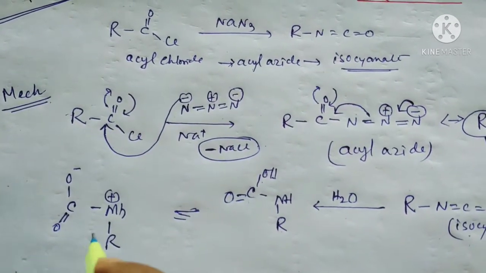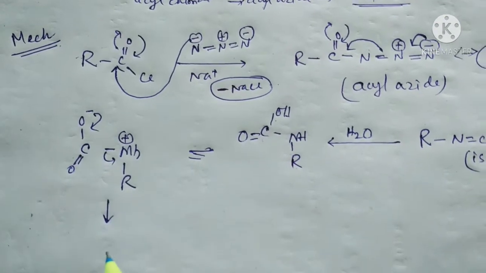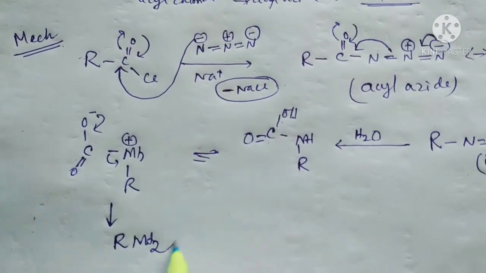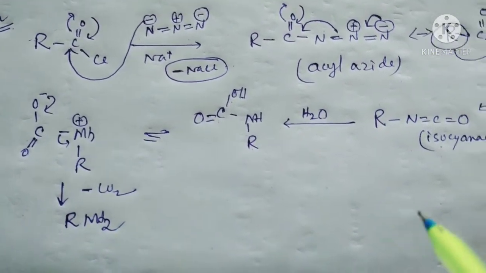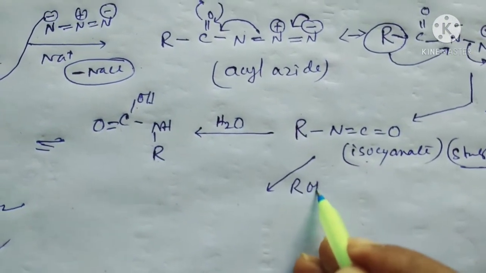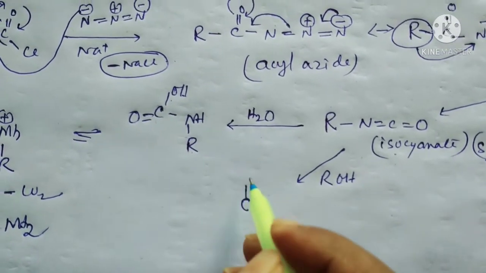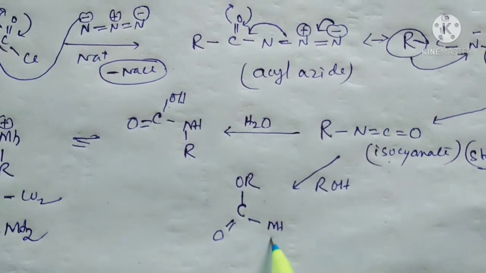Okay, now carbon dioxide gets out of this system to form this amine. Carbon dioxide gets out of the system. This is one of the reactions. Okay, now if it reacts with alcohols, say for example this one is alcohol, then it forms the compound like this.